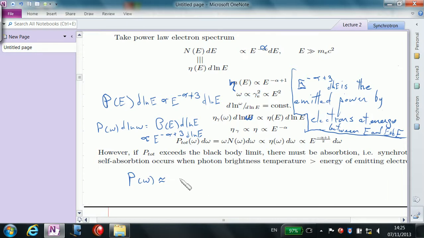P of omega is proportional to e to the minus alpha plus 3, but that's omega to the minus alpha plus 3 over 2, right? Yeah, okay. That's right.